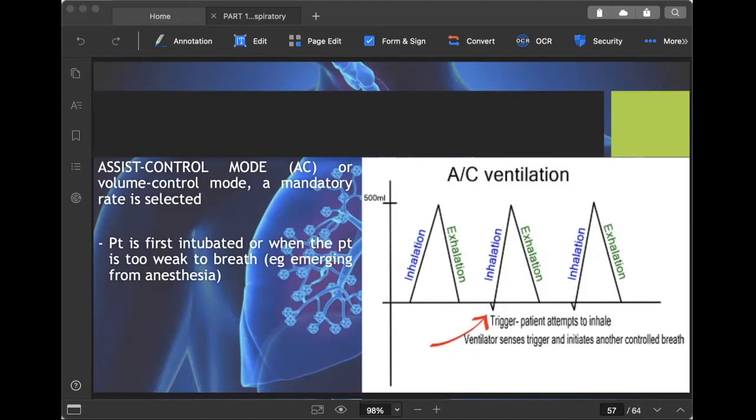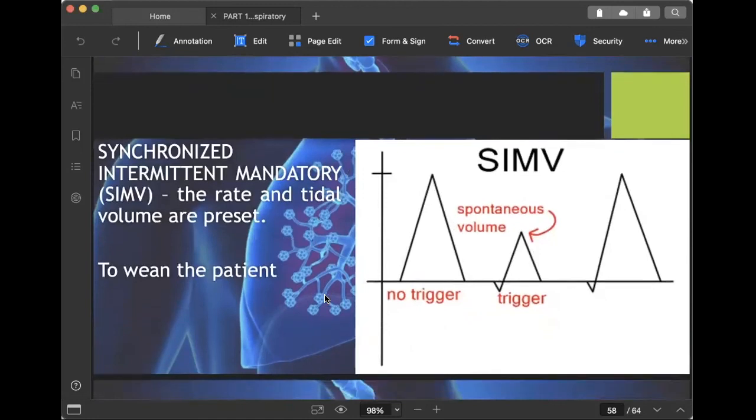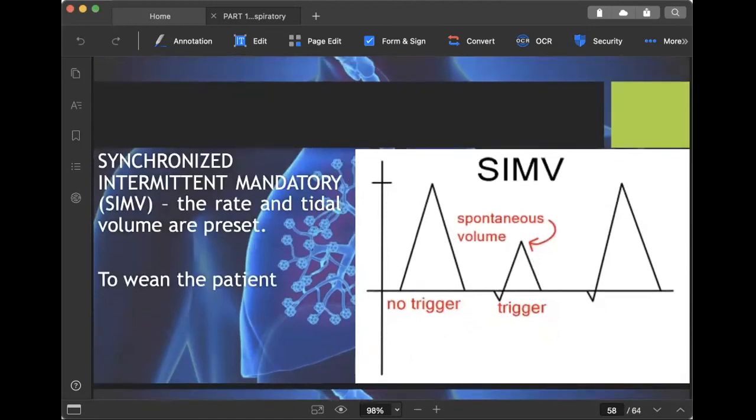In this mode, the operator can actually set either a controlled pressure or controlled volume. Now, the next one is your synchronized intermittent mandatory ventilation or your SIMV. The rate and the tidal volume are preset, and this one is used to wean the patient from the ventilator.